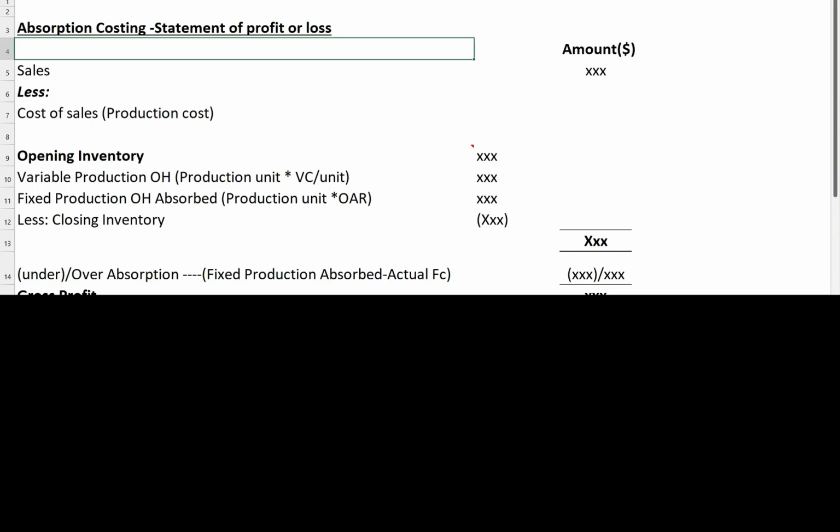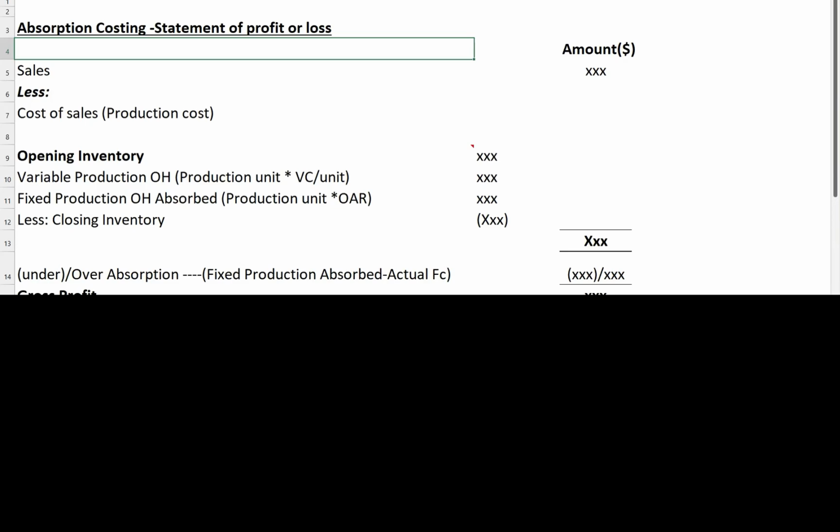So before moving into the details, let's differentiate between the absorption costing and the marginal costing, right? So in case of absorption costing, the units are basically valued at total production cost.